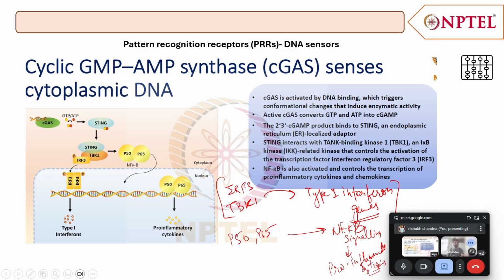Okay, so this is cyclic GMP-AMP synthase. It leads to the production of cyclic GMP-AMP, which binds to STING, an endoplasmic reticulum adapter. This adapter leads to the production of type 1 interferon genes by the IRF3 and TBK1 pathway, and pro-inflammatory cytokines through the NF-kappa B pathway.